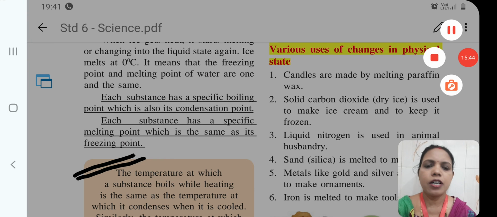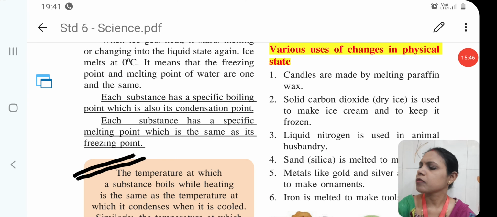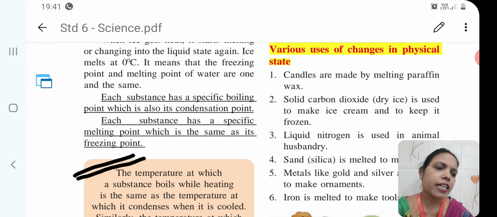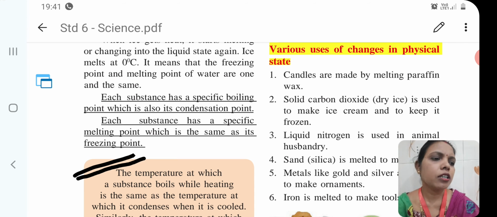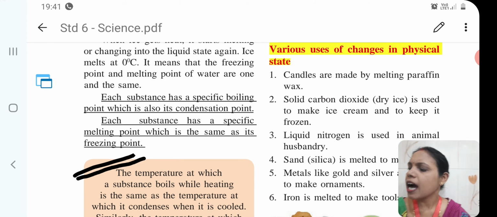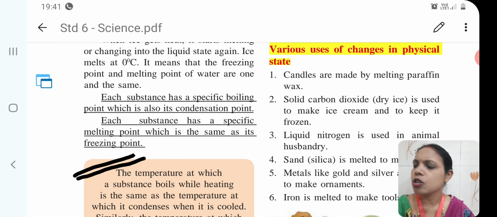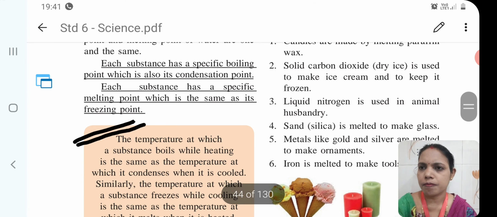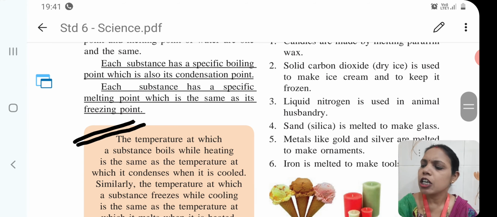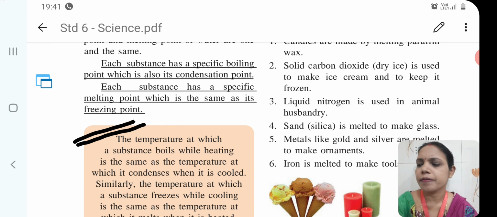For example, first one, candles are made by melting paraffin wax. Second, solid carbon dioxide is used to make ice cream and to keep it frozen. Third, liquid nitrogen is used in animal husbandry.